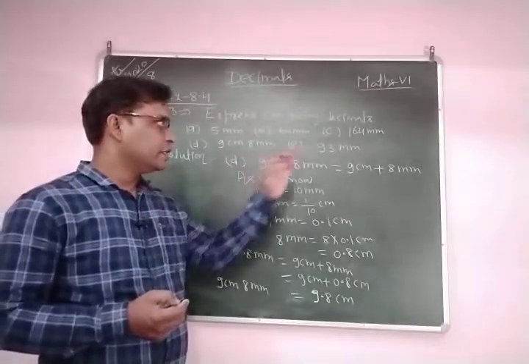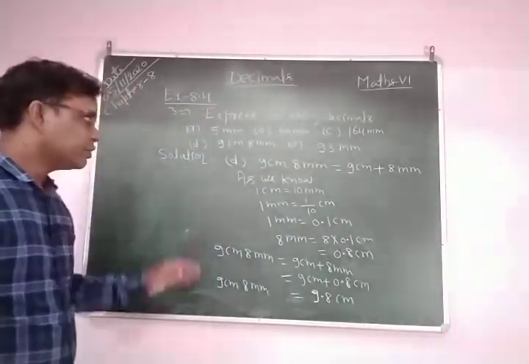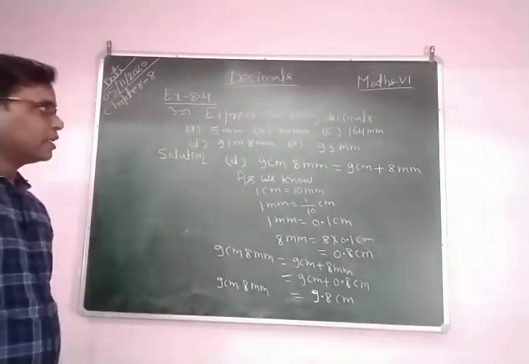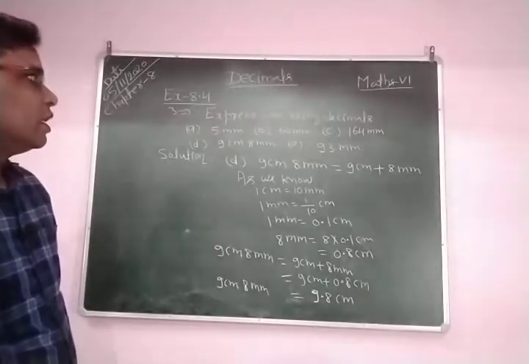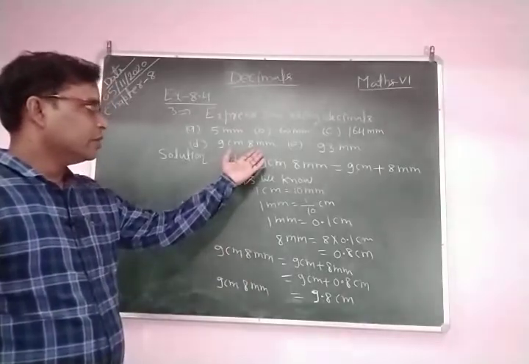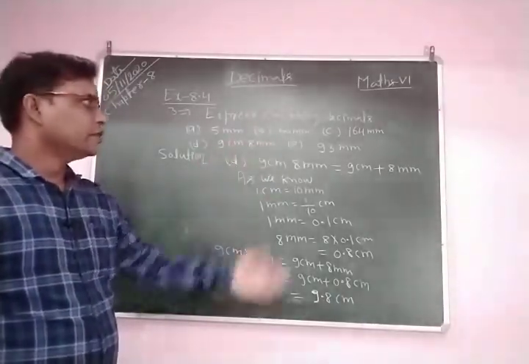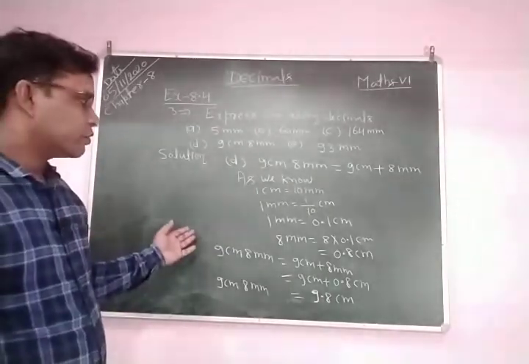And the next part is given in E part. Students, I hope all of you understood D part of question number 3, that you are able to express the given quantity 9 centimeter 8 millimeter in centimeters by using decimals.